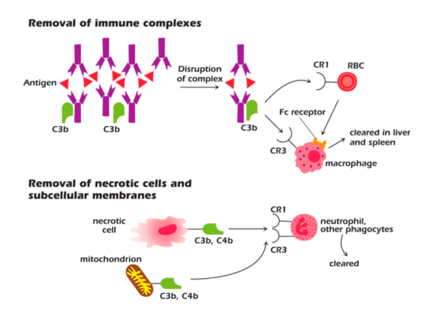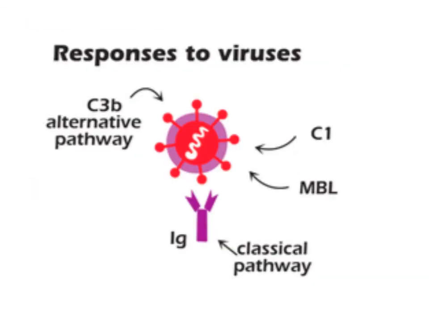And finally, in one of the captions, I mentioned that we can also see the role of complement in response to viruses. So there's a virus in this case, you can see from here. You have the C1 classical pathway, then you have the lectin binding pathway, they're coming and attaching over here, and likewise you have the C3 alternative pathway.